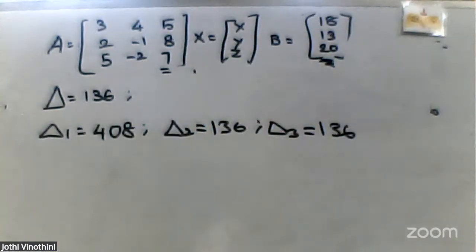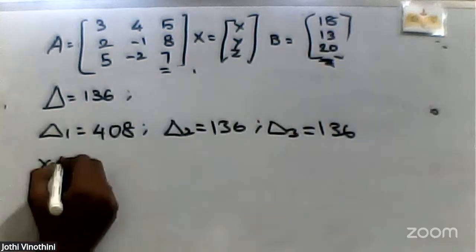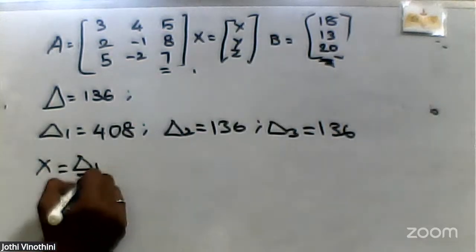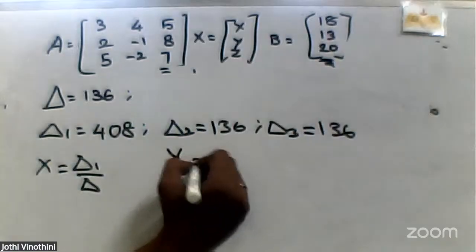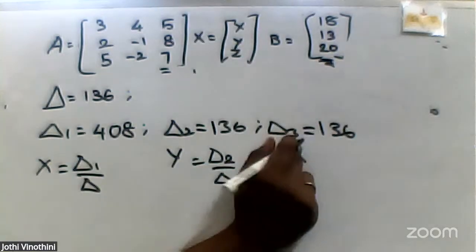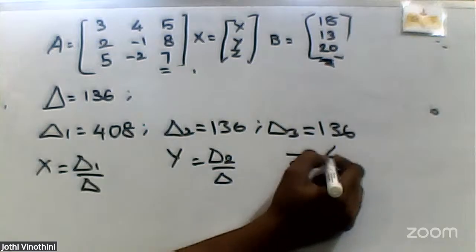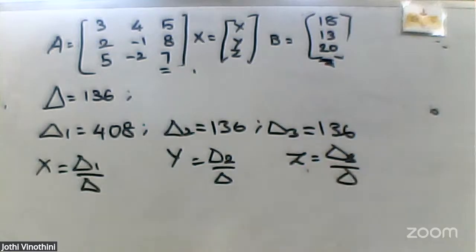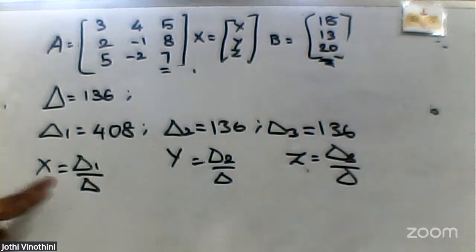So what is Cramer's rule? x equals del 1 by del, y equals del 2 by del, and z equals del 3 by del. Clear? So now we know all the values of del 1, del 2, del 3 and del. If we substitute these values in the equation, we will get x, y and z.